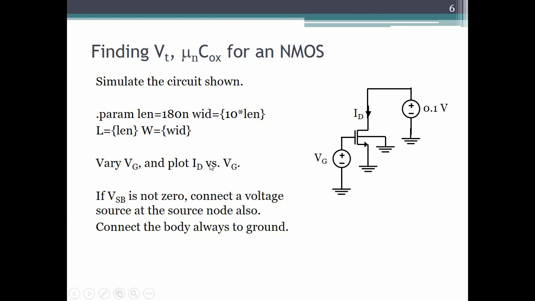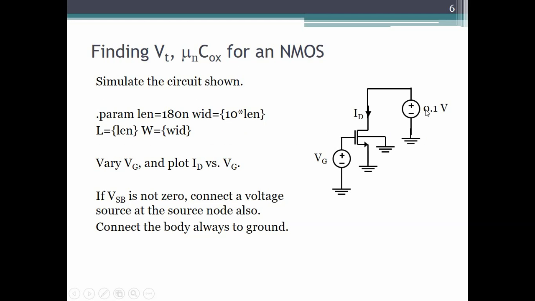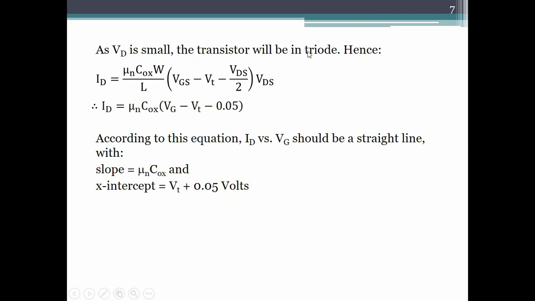So let's say you plotted the ID versus VG. Now what do you expect the ID versus VG to be? We've seen this before. First of all, we have kept VD small, VD is 0.1 volts. So the transistor will be in triode for most of the range of VG. So we'll assume the triode region equation. And W by L, you've kept it as 10. VDS is 0.1, so the 10 and 0.1 cancel.